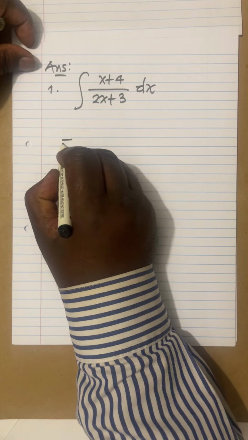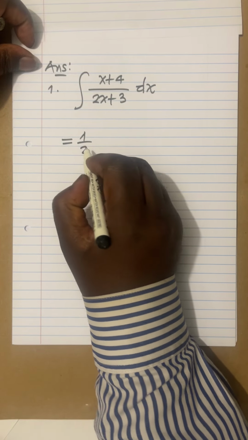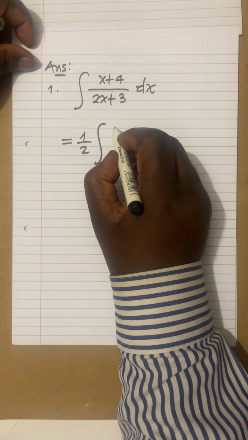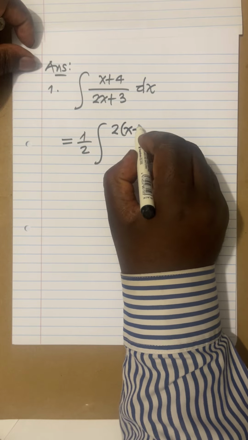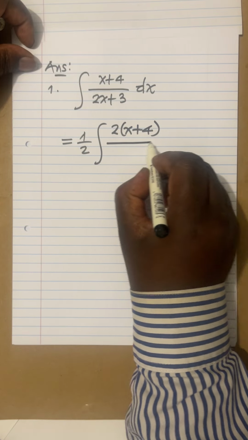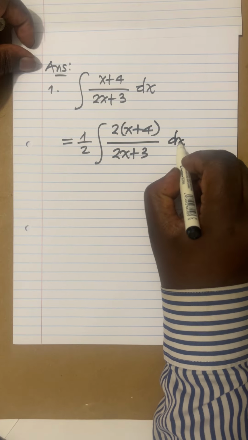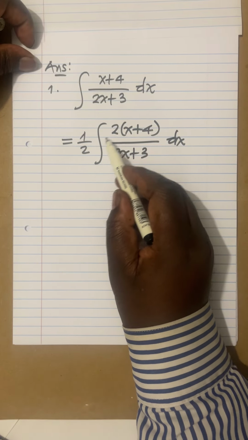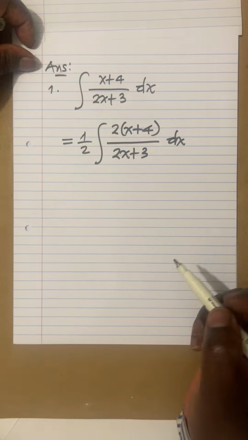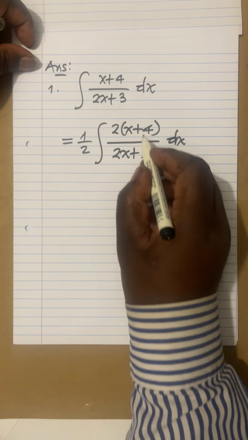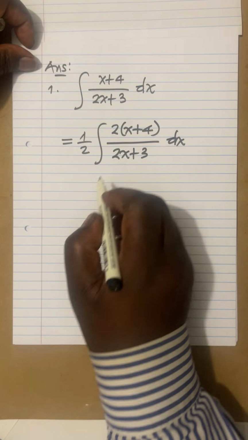So this will be equal to 1 over 2, that's dividing by 2, the integral of 2x plus 4 all over 2x plus 3 dx. You notice that these 2's can cancel. You still have the same original integral, but we don't cancel it because we want to produce 2x plus 3 in the numerator.